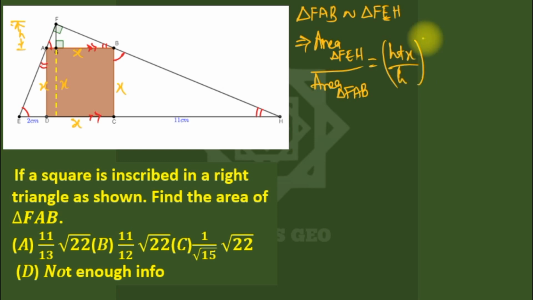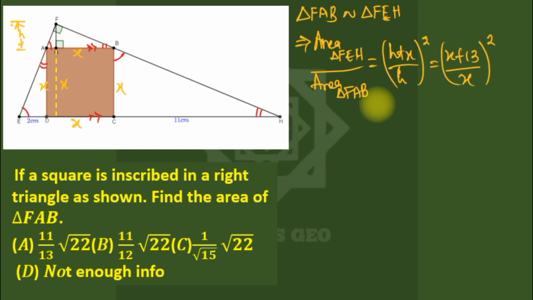If you could remember, we'll compare their hypotenuse. The hypotenuse of the big one is 13 plus x, while the small one's hypotenuse is the side of the square, which is x, all squared.